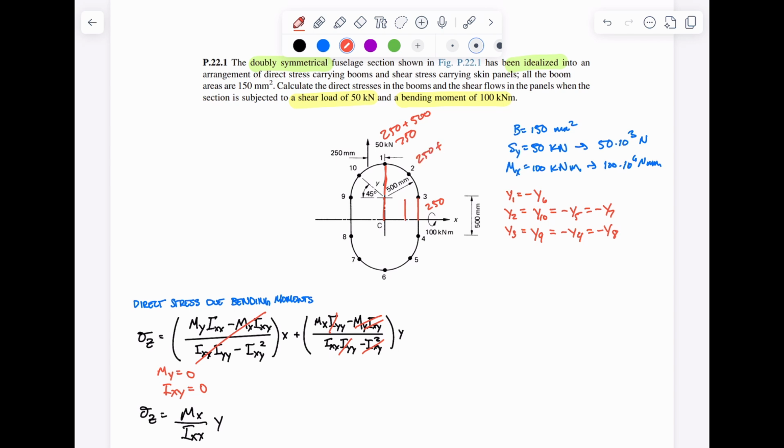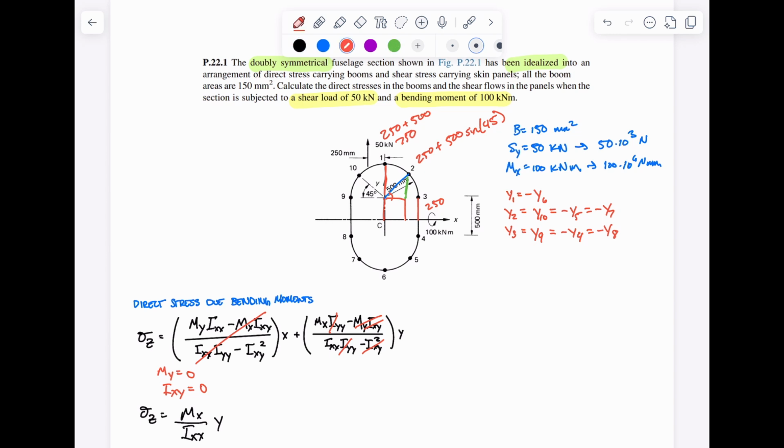So we have 250 plus, and we know that this distance is 500. We need to find the green distance from here to here. We know that it also gives us the angle, which is 45 degrees. We can say that the radius times sine of 45 will give us the distance in green.